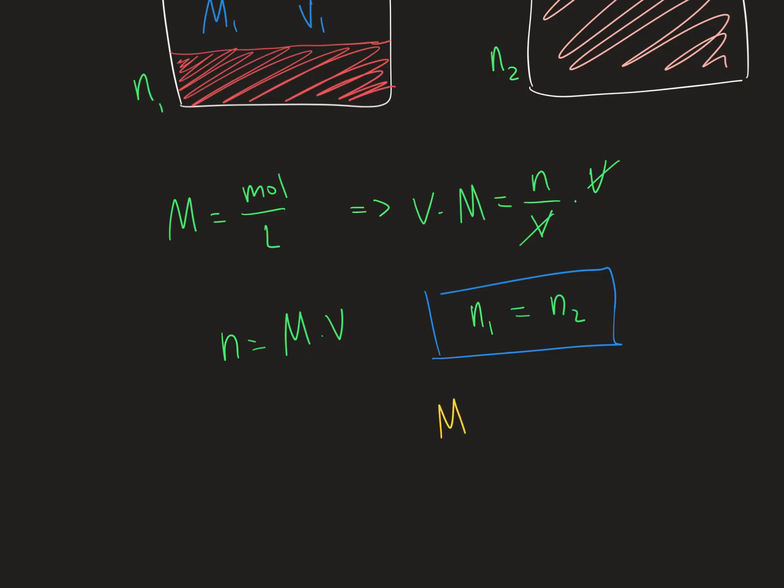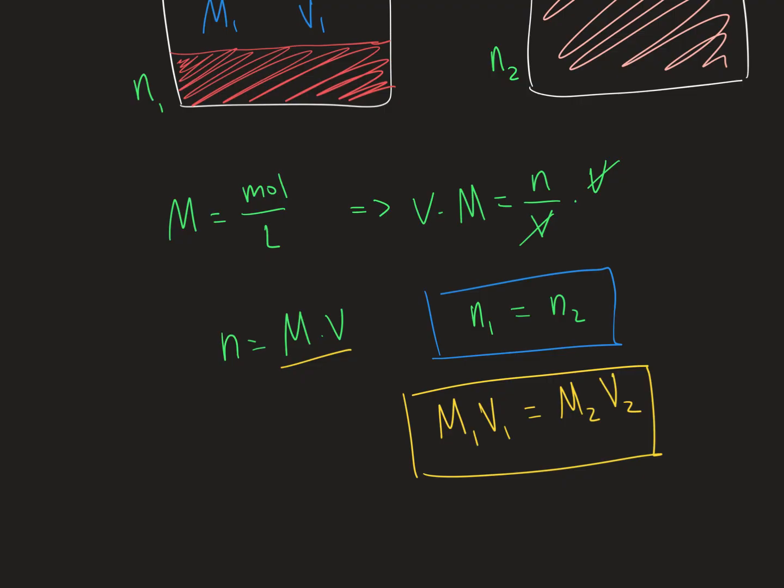Number of moles is M times V, so it's M1 times V1 is equal to M2 times V2. If you want to just memorize the equation, you can ignore all of that other stuff. But this is the equation we use to calculate either our new concentration or the volume of a concentration.